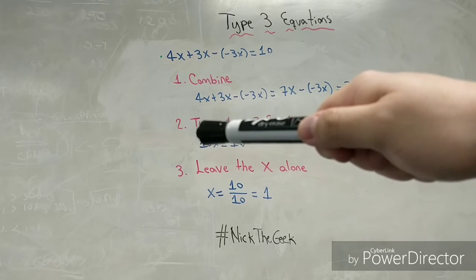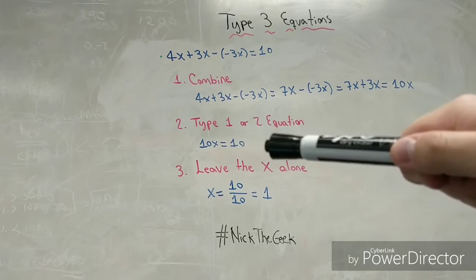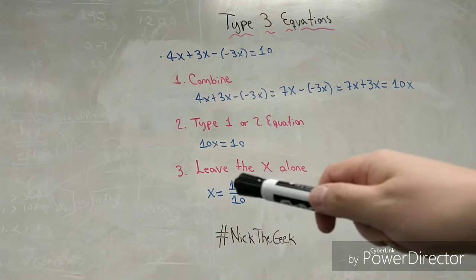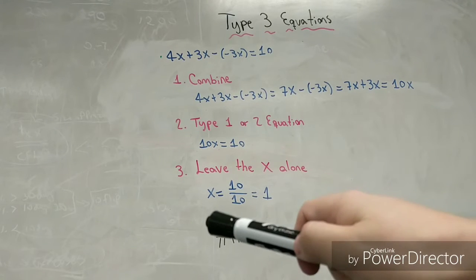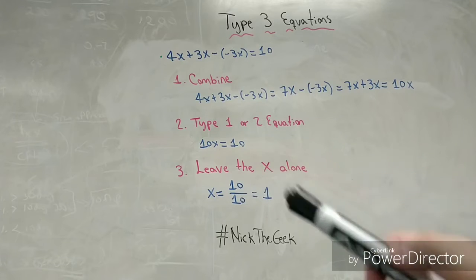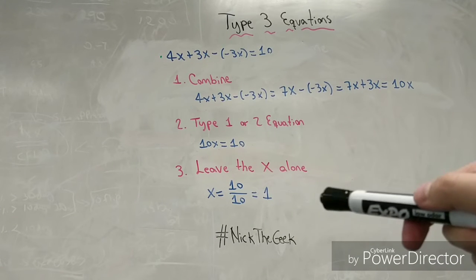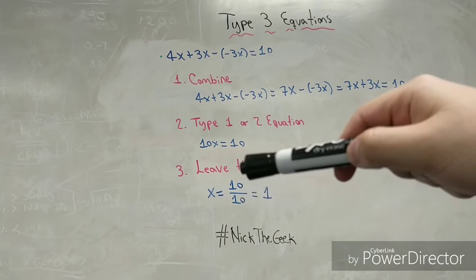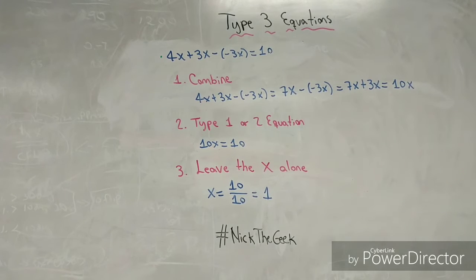So we must bring it down and divide the 10. In that way we have left the x alone. So x would be equal to 10 divided by 10, and the result is 1, because one number divided by the same number is 1. That's our second example for the day.